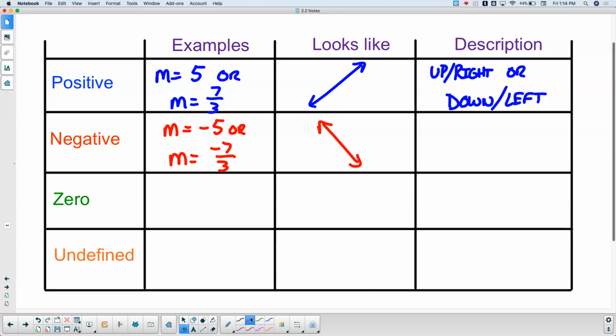And the description here would be down and to the right, or up and to the left. Or you could say negative slopes would fall to the right, or a positive slope would rise to the right, or vice versa.